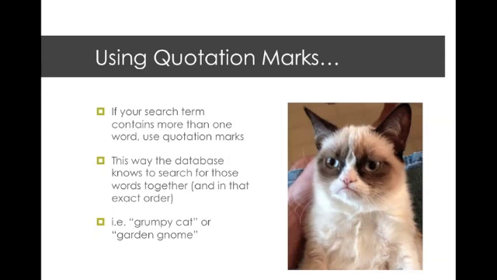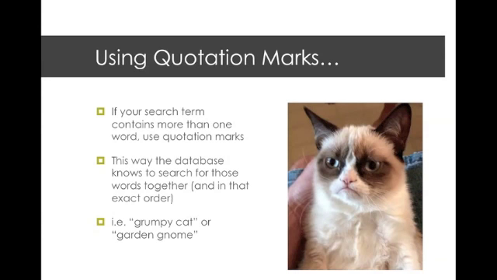So another great tactic I'd like to teach you is using quotation marks. So for example, if your search term contains more than one word, you should use quotation marks because this will tell the database to search for those words together and in that exact order. If you don't use quotation marks around search terms with more than one word, it might search for those terms separately.